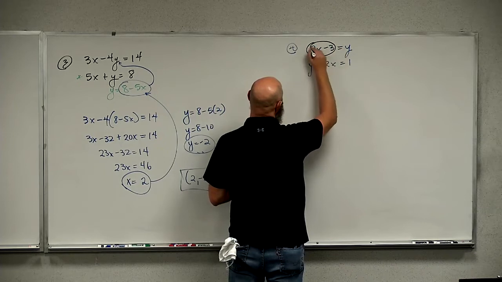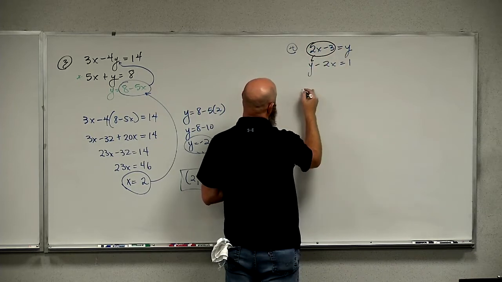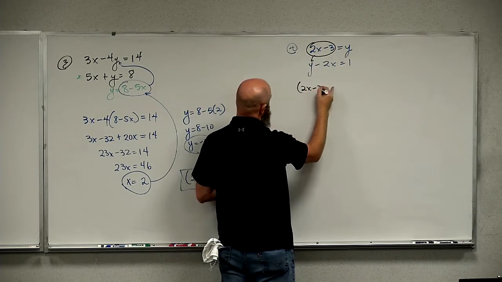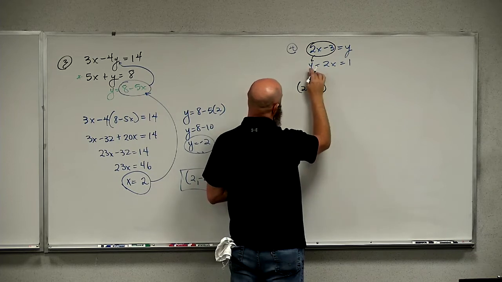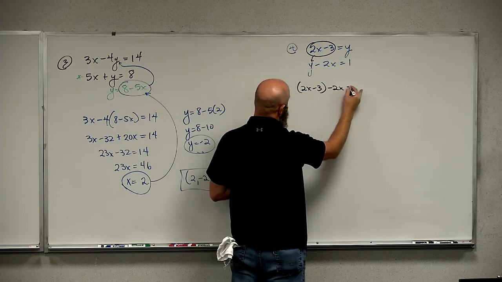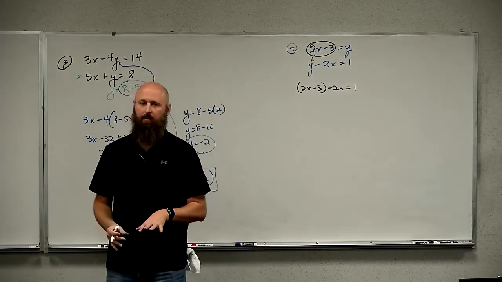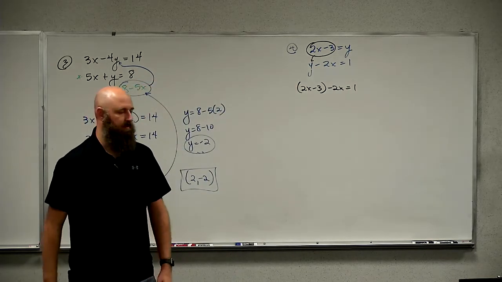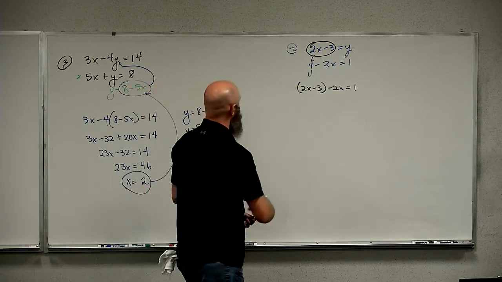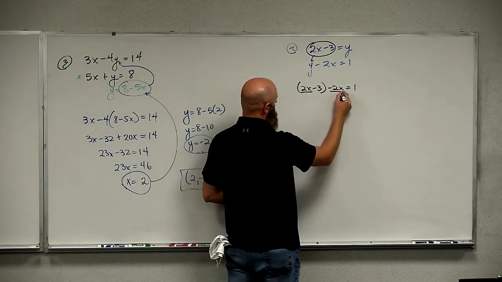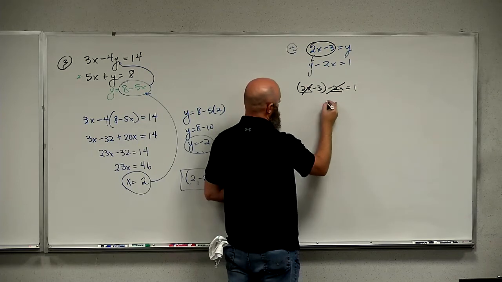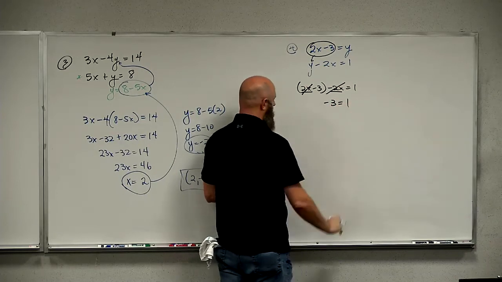So all of this can go into y. So that tells me we have 2x minus 3 and this y, so minus 2x equals 1. Well, again, the parentheses here really don't matter. I always like to put things in parentheses when I plug it in. So I can combine, we see that 2x minus 2x kill each other. So that tells me -3 equals 1.